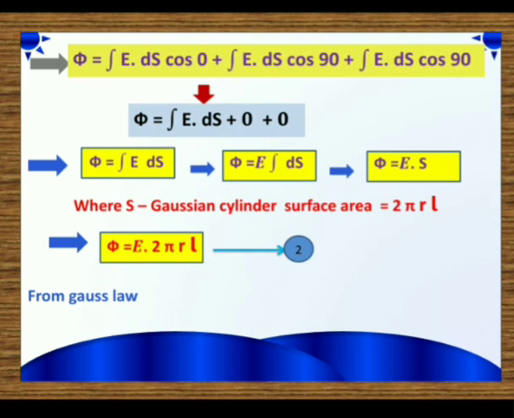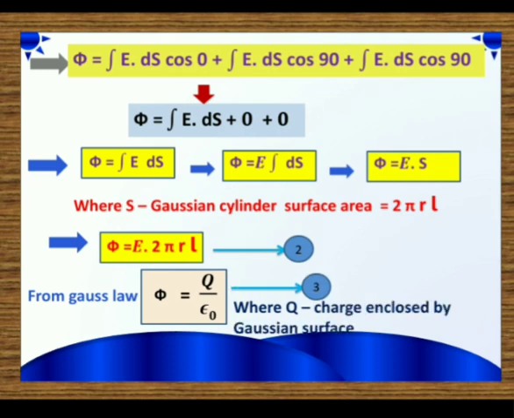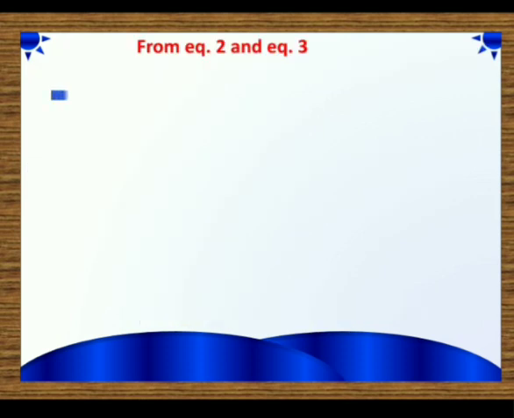But what is Gauss law? Phi is equal to Q by epsilon naught. What is Q? Charge enclosed by the Gaussian surface. Equate these two, because the left hand side of both is phi. Now equate the right hand sides, then what will I get? E into 2 pi RL is equal to Q by epsilon naught.